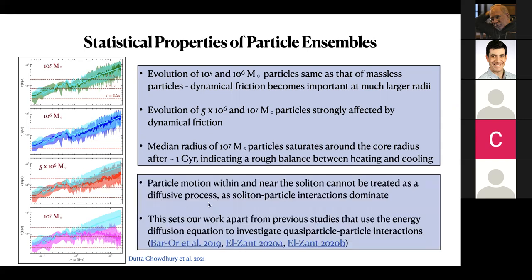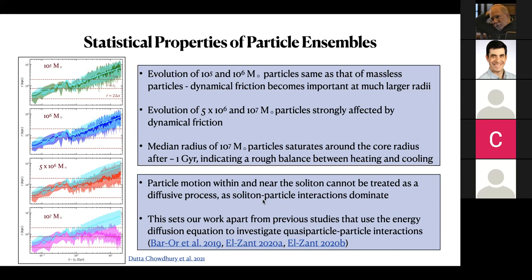Okay. Now I just want to mention that previous work that has looked at the motion of star clusters or black holes in a fuzzy dark matter halo has mostly looked at the motion that would happen as a result of interactions with the halo fluctuations, and it has been done using diffusion coefficients. That is a fair thing to do as long as we are interested in what happens because of the halo density fluctuations.